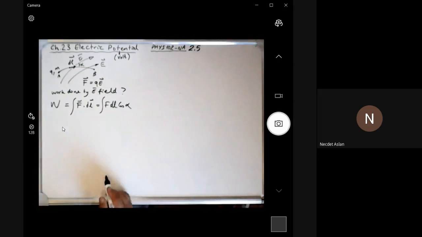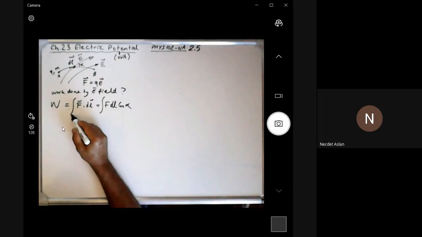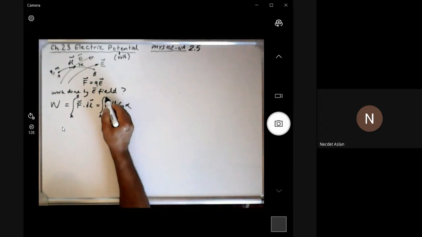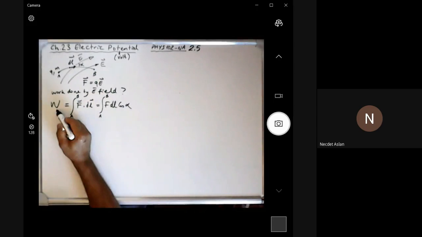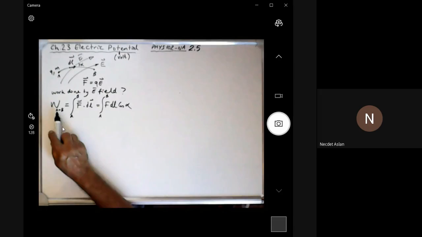Also we have to put the limits, because now the object is moving from A to B, so we put the lower limit as A and the upper limit as B. So we just have to integrate, and we say that this is the work done from A to B. This is the subscript that we use, A arrow B. It means that the motion is towards B from A.